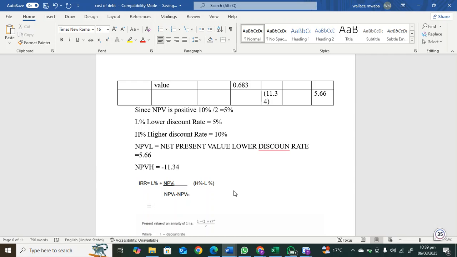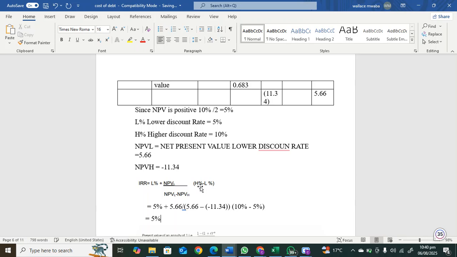So here we just substitute in our formula. 5% plus NPVL, 5.66, divided by NPVL, 5.66, minus NPVH, negative 11.34, then open brackets, H%, the higher discount rate, 10%, minus 5%, the lower discount rate, and then you solve.